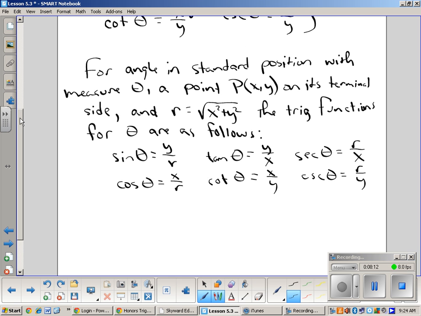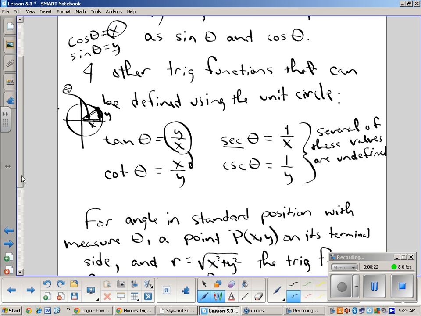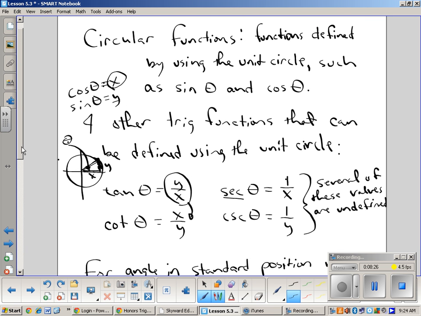So if we look back at this for a moment, we said sine was y and cosine is x, and then we have our tangents and secants and cosecants, cotangents. In those cases, let me go back. This was really x over 1 because the radius is 1. That meant the hypotenuse was 1. If I look at this circle here, if my radius is 1, then my hypotenuse is 1.